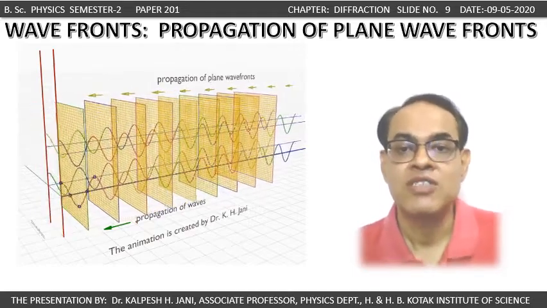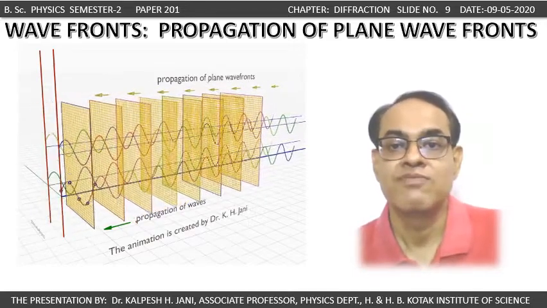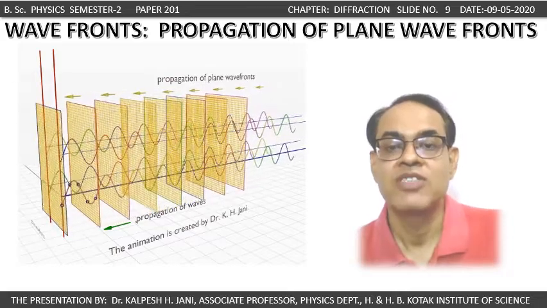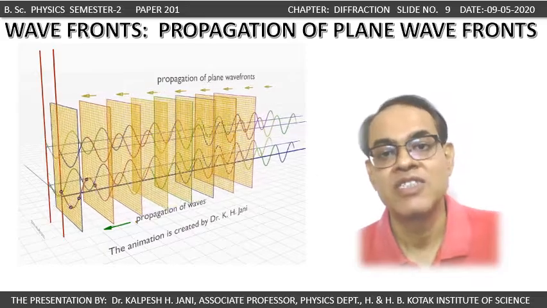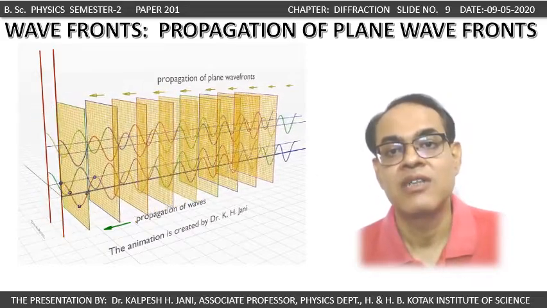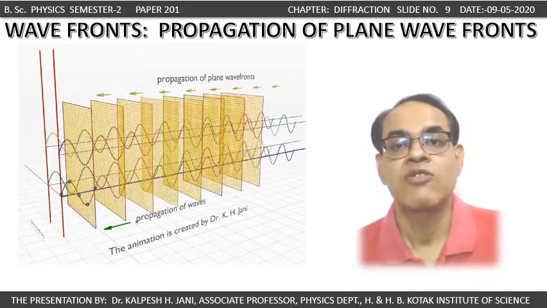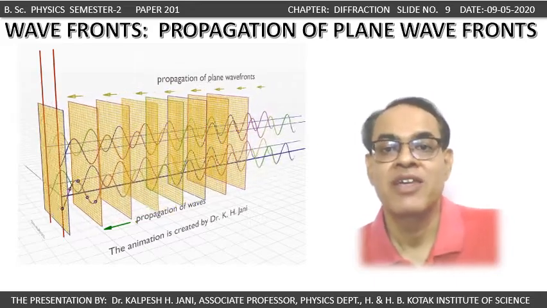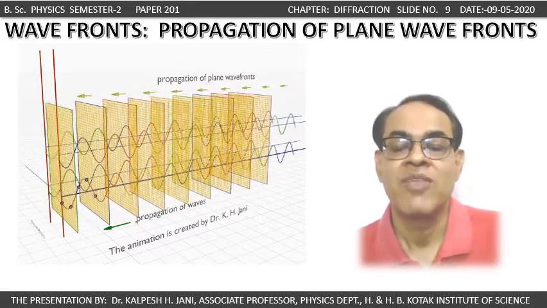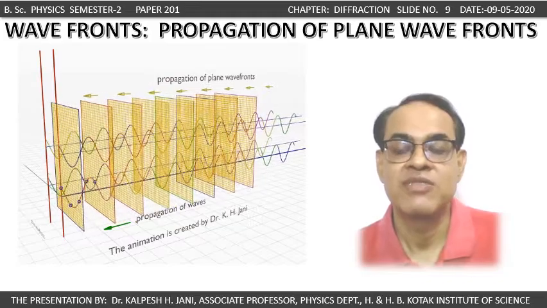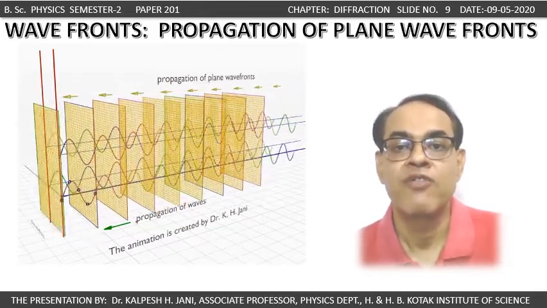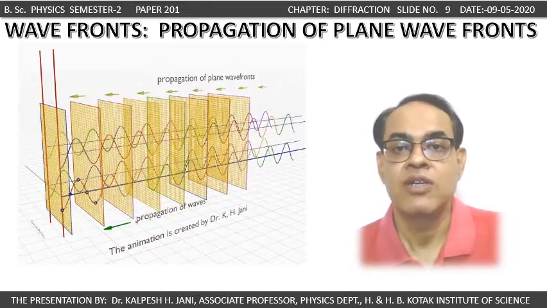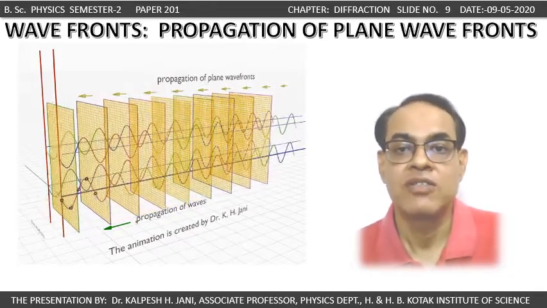So we have just to take that one wavefront is giving rise to the other wavefront. That we shall see. That is extraordinarily explained by the scientist Huygens, and we shall see its principle, the formation of one wavefront out of the other.